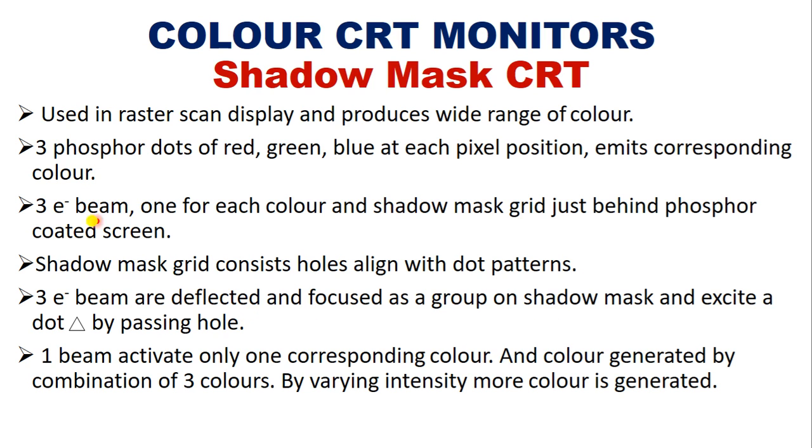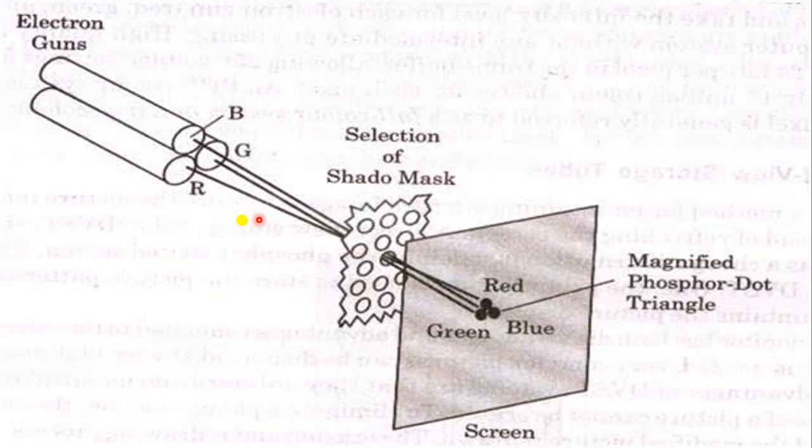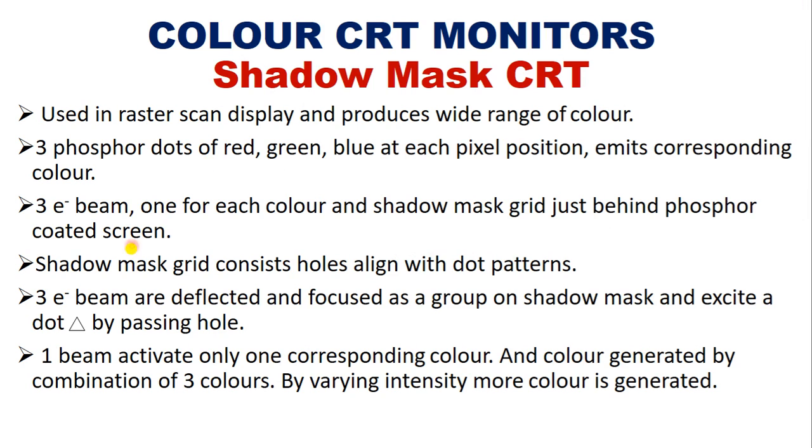There are three electron beams, meaning three electron guns. One is blue, one is red and another is green, so beams of three different colors will be there.